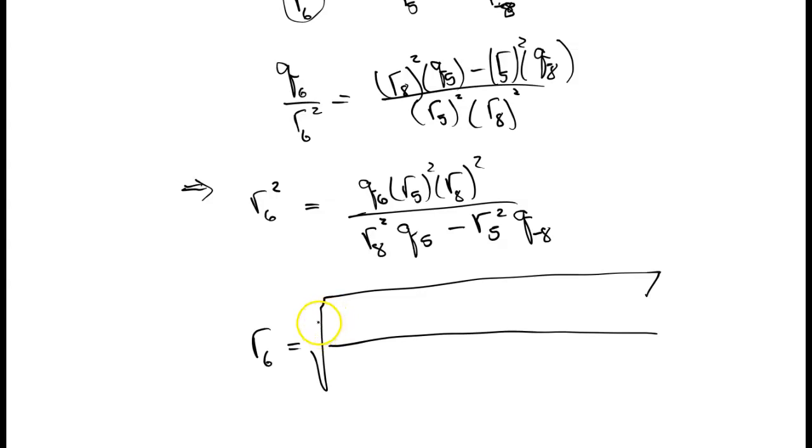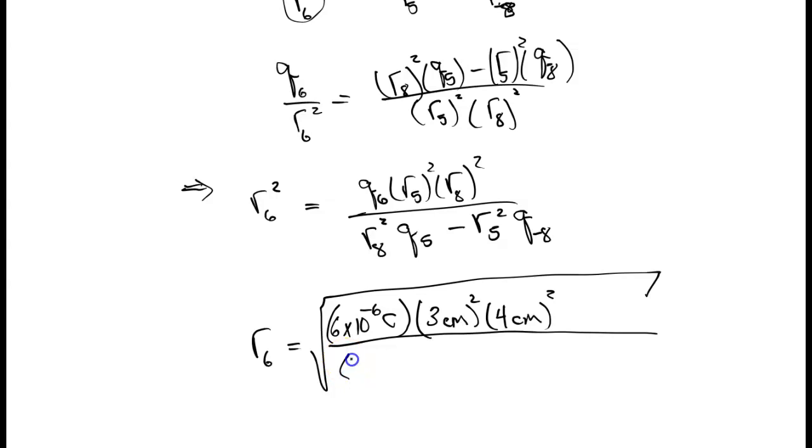So Q6 is 6 microcoulombs. R sub 5, we're told, is 3 centimeters, so 3 centimeters squared. R sub 8 is 4 centimeters squared. Notice I'm only taking the magnitude here, not the direction, because we took care of the direction when we had the i-hats before.